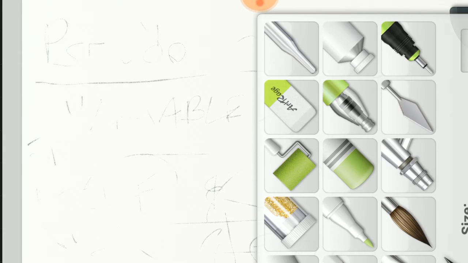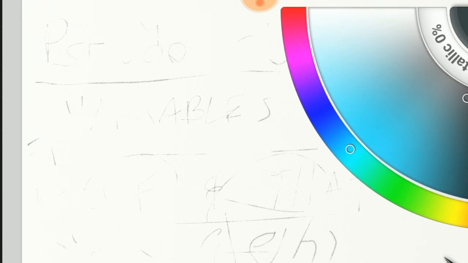Try to increase that. Okay, so basically health, let's say that equals 100.